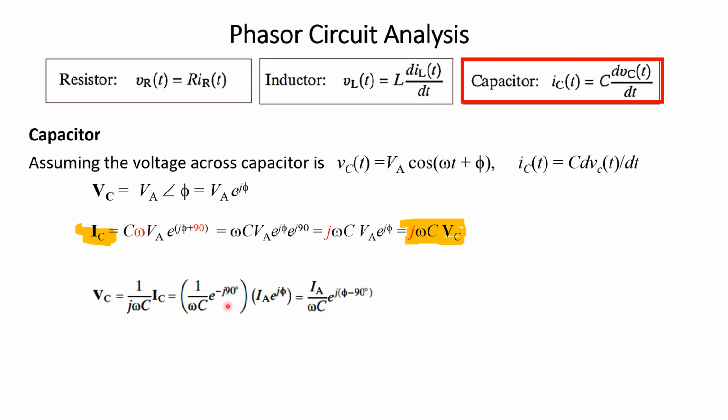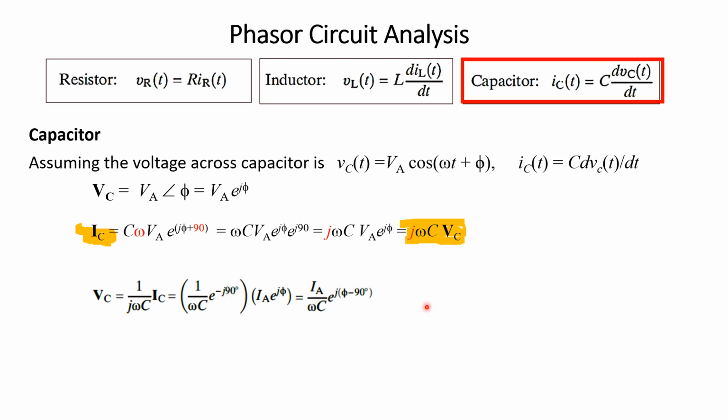I hope you are able to understand this. j is e^(j90), 1 over j is e^(-j90). Here there is no j in the numerator, so this j in the denominator is represented as e^(-j90).